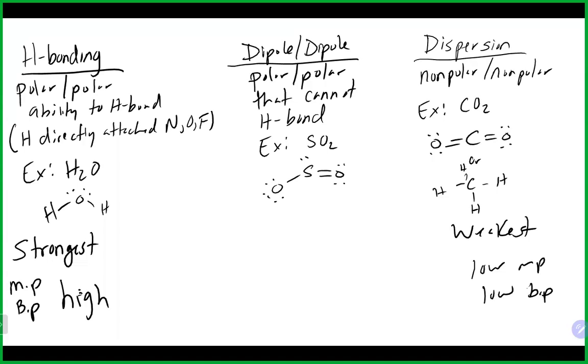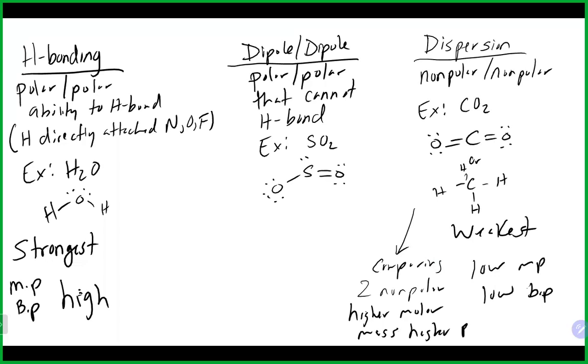Once again, though, if you are comparing two nonpolar molecules and seeing which one would have the higher boiling point or melting point, the one with the higher molar mass would have the higher boiling point and melting point.